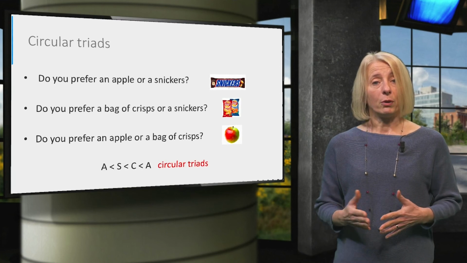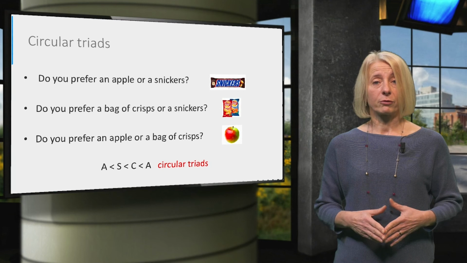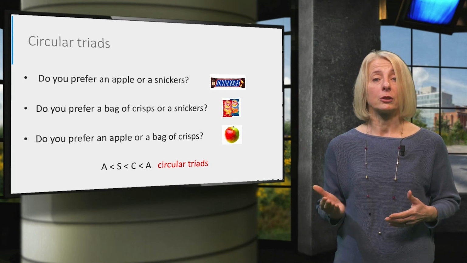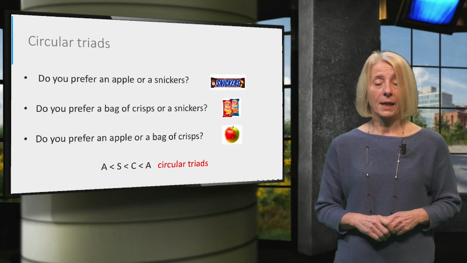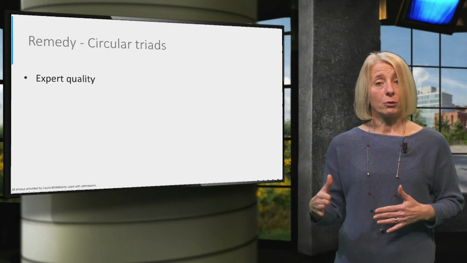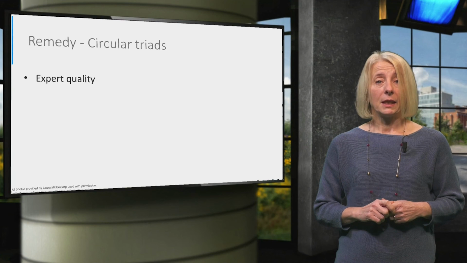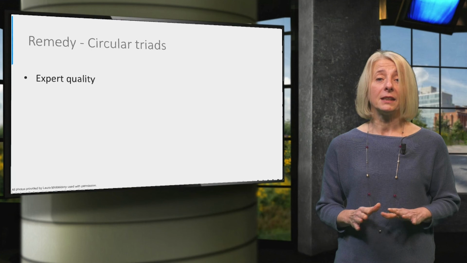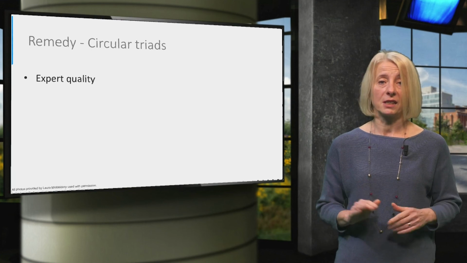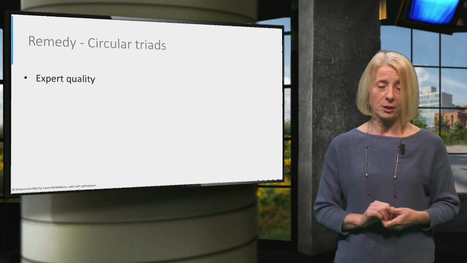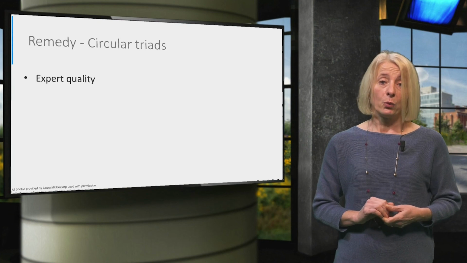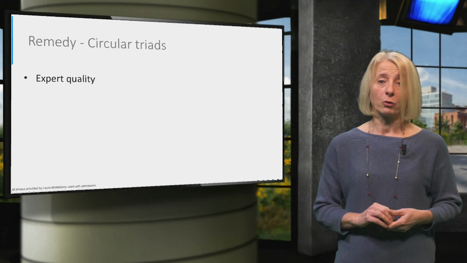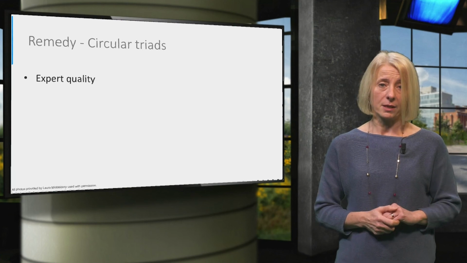This is an example of an intransitive or inconsistent choice called circular triads. The number of circular triads in an expert's paired comparisons data can be an indication of consistency or quality of this expert. We can decide to remove from the data assessments of experts containing too many circular triads.